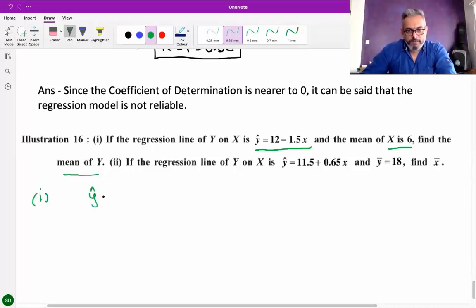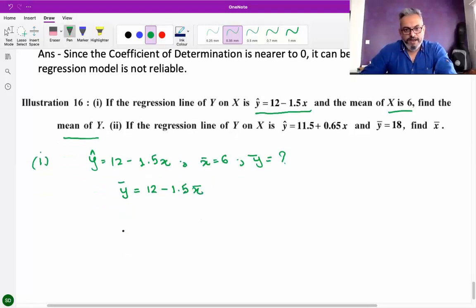Y cap is equal to 12 minus 1.5x and x bar is equal to 6. So now we have to find y bar. Very simple. We take y cap as y bar is equal to 12 minus 1.5 x bar and we substitute the values.